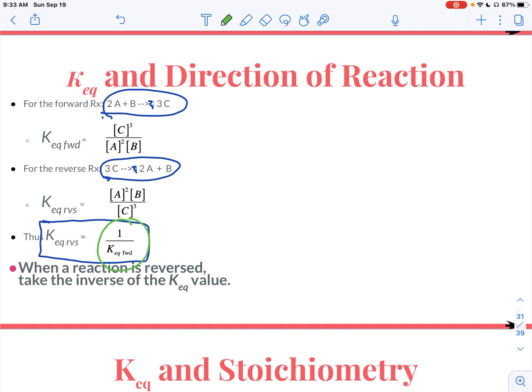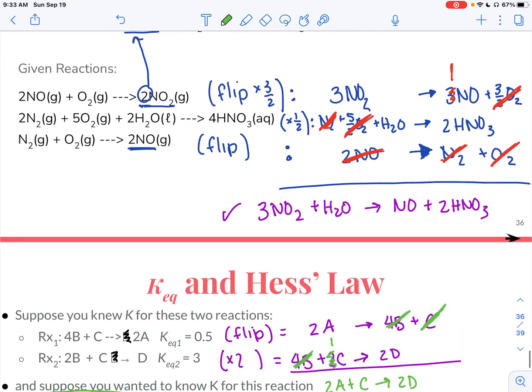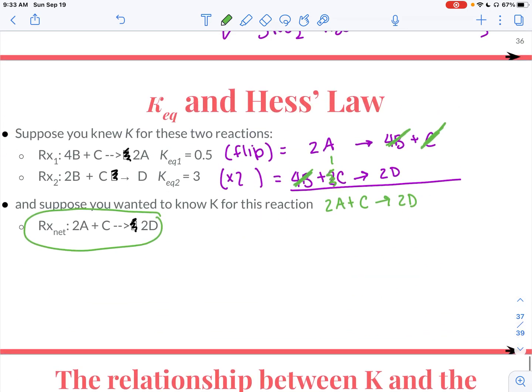So if you have the K for the forward reaction, you then reverse that reaction, you take the inverse of K. So let's see, in our problem, we flipped this one right here. So to find out what our new K would be for this reaction, we would just take 1 over 0.5, which we know is 2. So our K for this new flipped reaction that we used is going to be a 2.